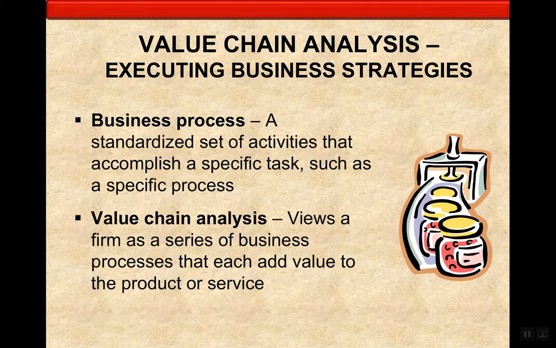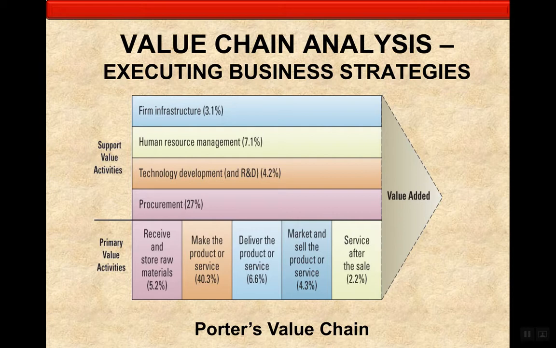So we look at our example here, what we call Porter's value chain. We have the primary value activities, right along the line here. You have to receive and store raw materials. You have to make products.